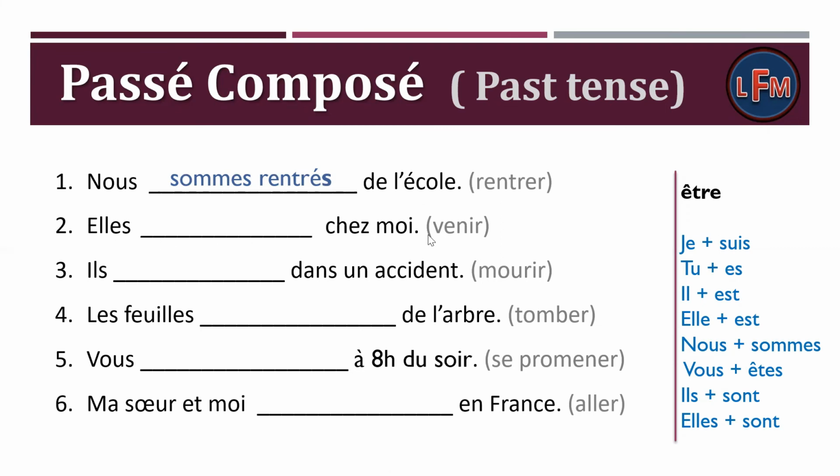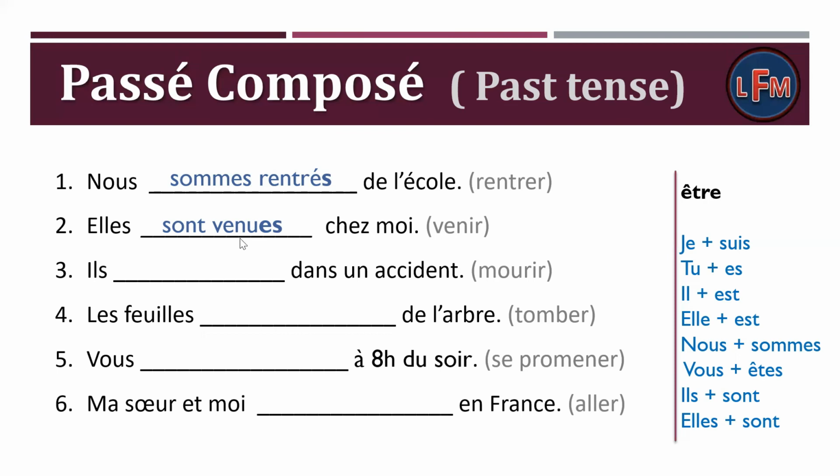Elles dash chez moi. First we take the être verb with elles, which is sont, and the participe passé of venir, which is venu. V-E-N-U, venu. We put an extra e and s as elles is feminine plural. So for feminine, we put an extra e, and for plural, we put an extra s.